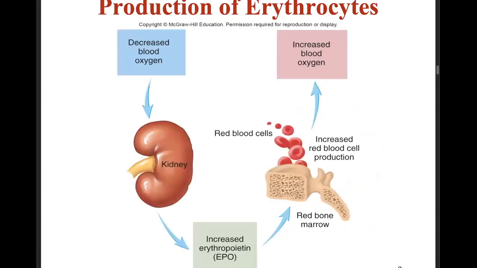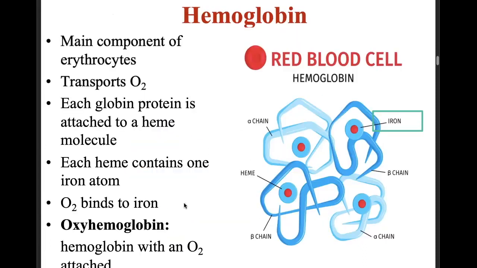Now let's go back here first. I put an emphasis here on iron. Iron is very important for the transport of oxygen, and women need more dietary iron than men do, because women lose iron as a result of monthly menstruation.